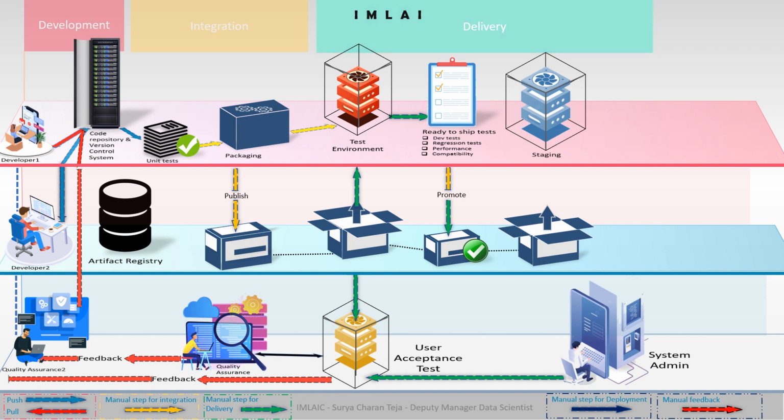So now from here we will move on to the staging environment. Again, staging environment will be provisioned and configured by the system admins, and then we will pull this package archive into the staging environment from the artifact registry server.